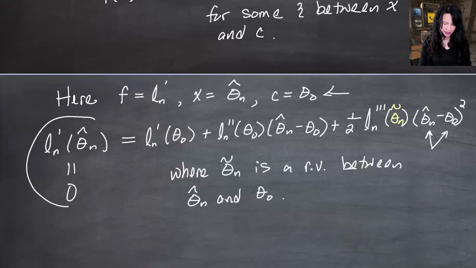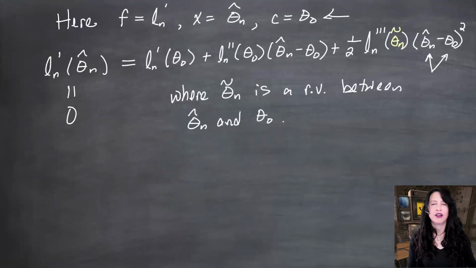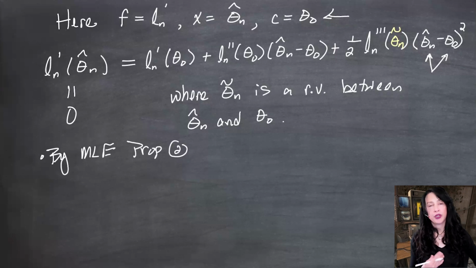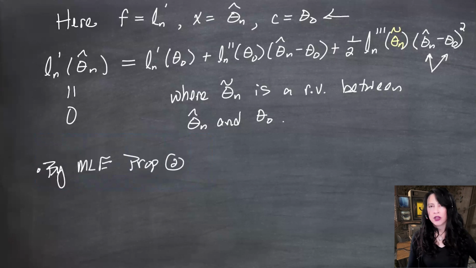Okay, remember this side is 0, and I should probably write a new line with that zeroed out to clean it up, but I'm not going to. We kind of have a long journey ahead. So what can I say about these terms here? By MLE property 2, this was the one where we showed that MLEs are consistent estimators of theta naught under some mild conditions about like having a finite variance or a finite second moment.